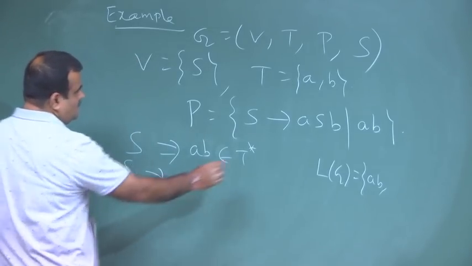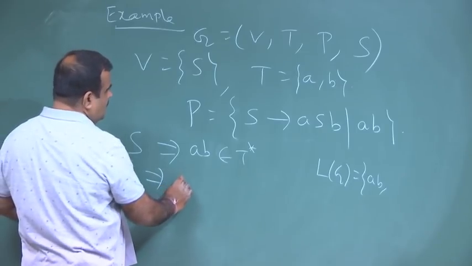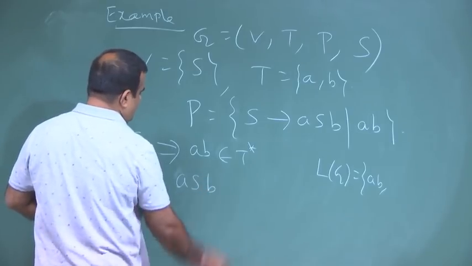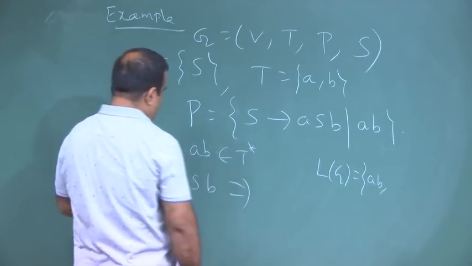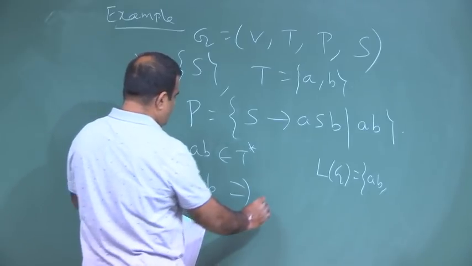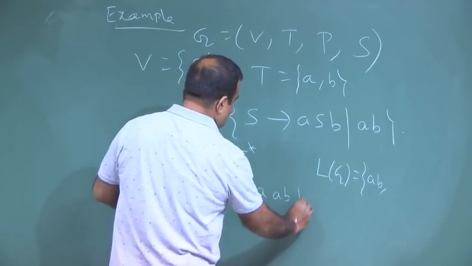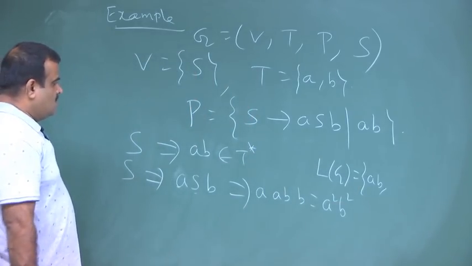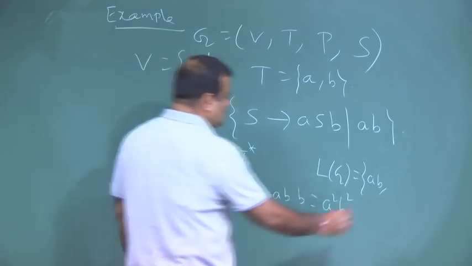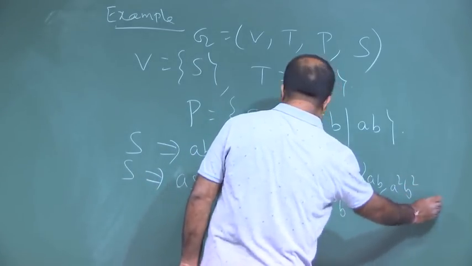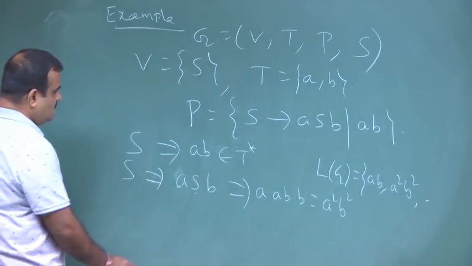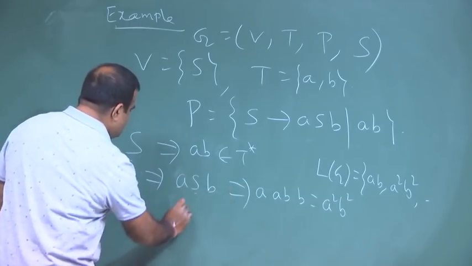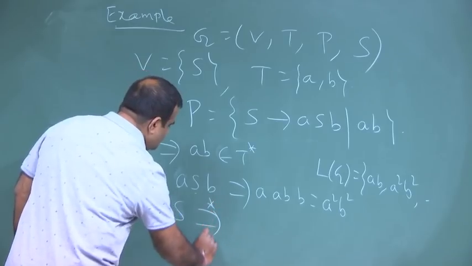From S we can apply the rule aSb, then we can apply ab, giving aabb. So, this is a squared b squared, also a string of terminals. That means a squared b squared can be derived from S using the rules of G.